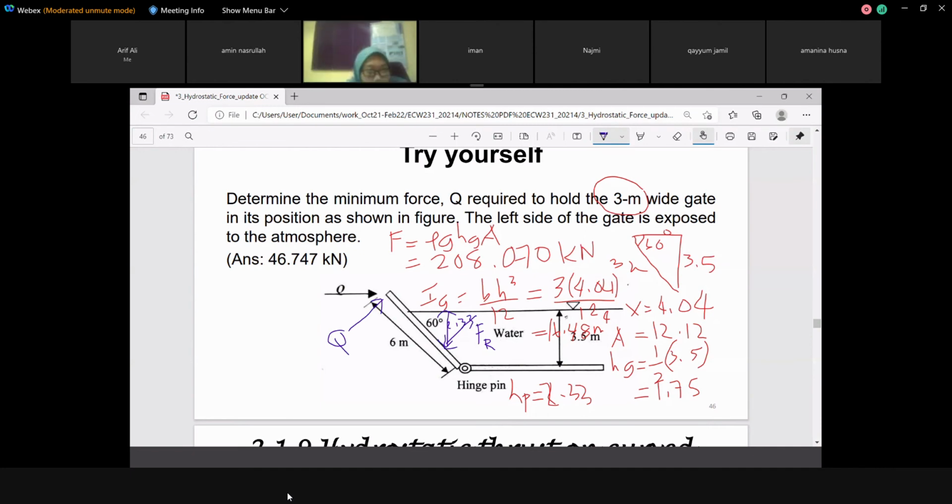Q darab dengan berapa perpendicular distance for the force Q? Ni perpendicular distance dia 6. Okay, another force ialah FR. What is distance to FR? So kat sini perpendicular distance to FR. Nak cari nilai kat sini.